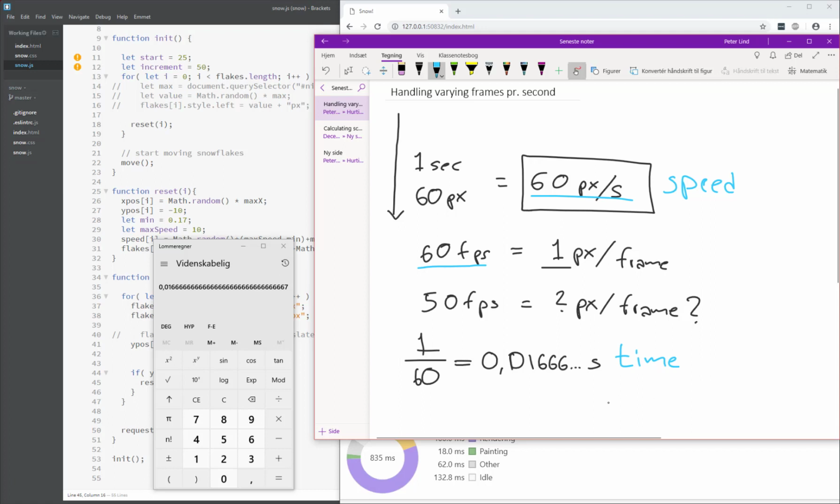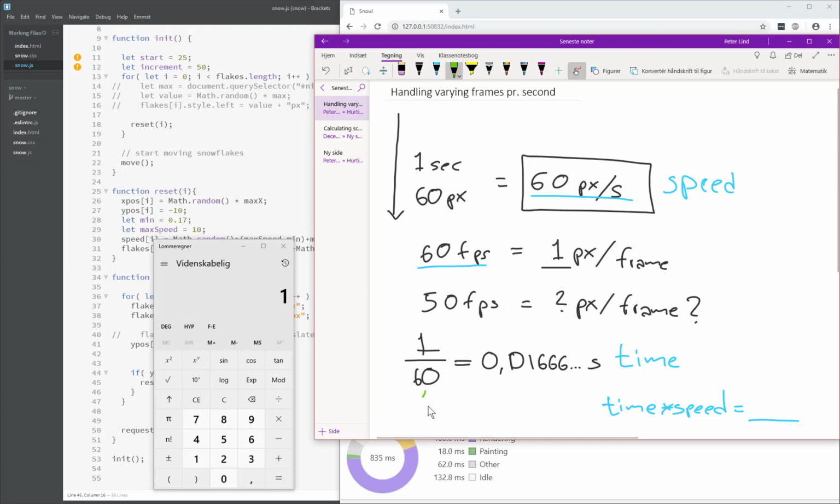And our time multiplied by our speed, that should be our distance, the number of pixels we should move. And let's just say we have the time multiplied by 60, the speed is 1. Yeah. But let's use it.